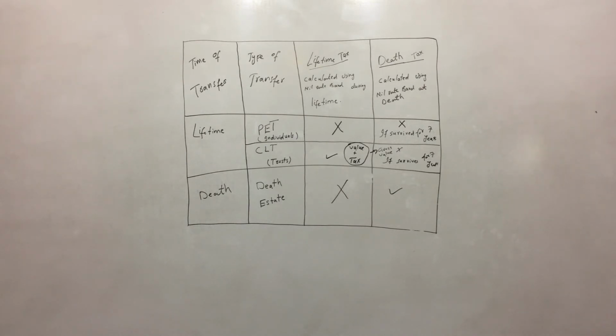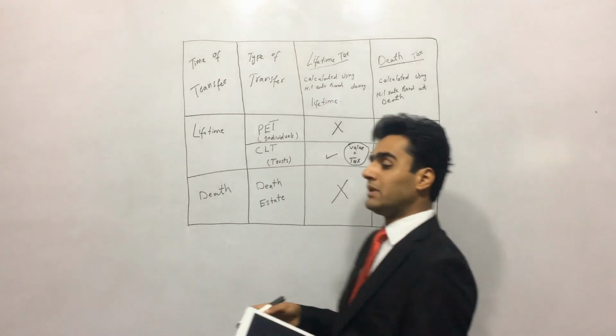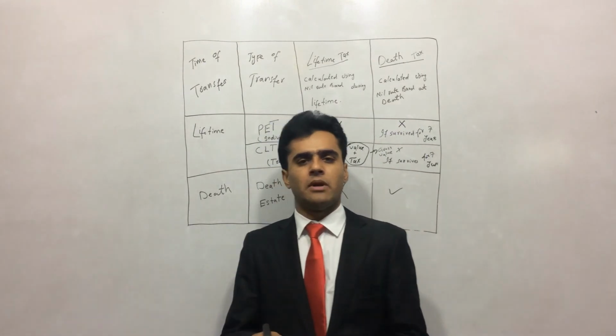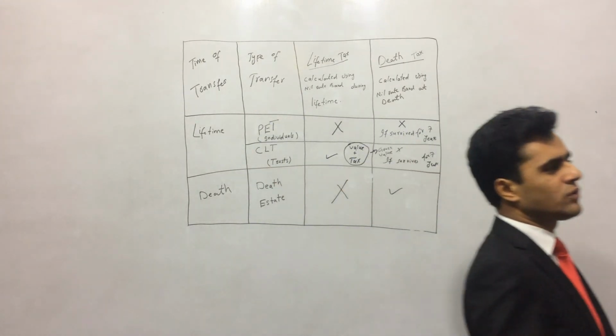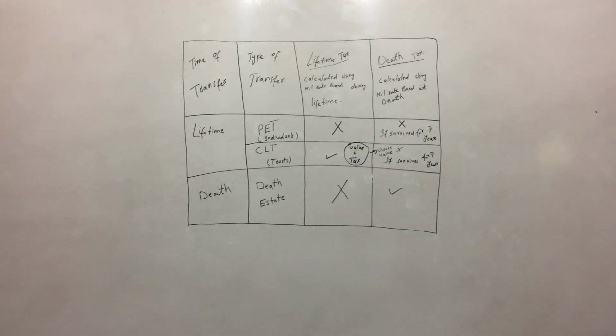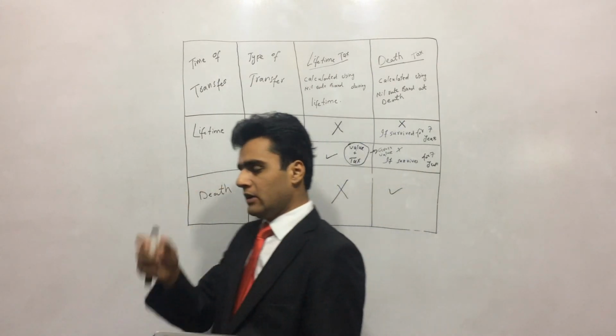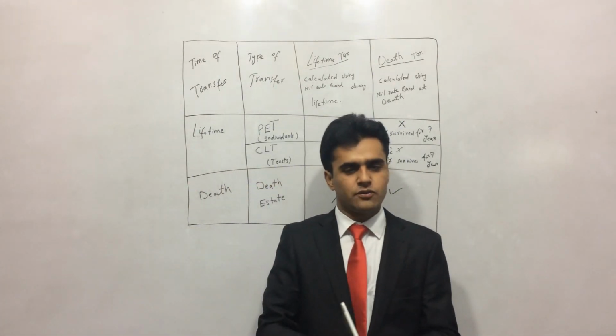So death tax is always paid after 6 months of the month of death, whereas lifetime tax is paid at the later of 30th April and, sorry, 6 months after the end of the month of transfer.